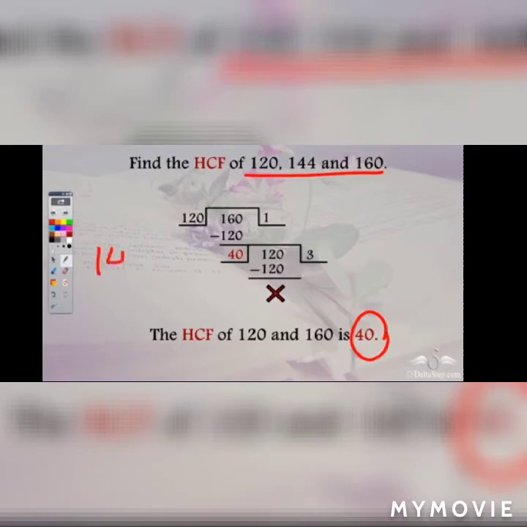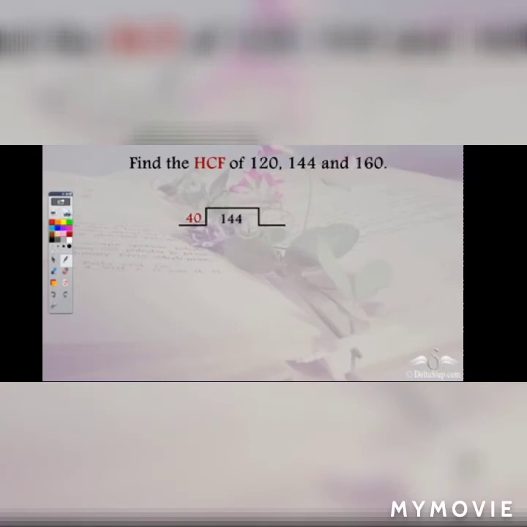So now, considering that the two numbers that we have are 144, which is the number that we left out, and 40, which is the HCF, we need to find the HCF. That is, we need to divide the larger number, which is 144, by the smaller number, and follow all the steps of the long division method to find their HCF. So can you find the HCF and tell me what will be the HCF?